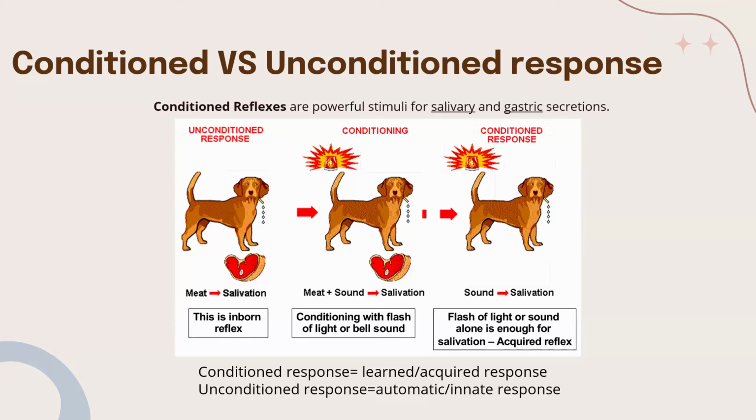So basically, there was a scientist who did an experiment on a dog where he presented meat to the dog, and the dog started to salivate. So this is the unconditioned response because this is normal, this is the inborn reflex, and we were born with that. And then he tried to do something.